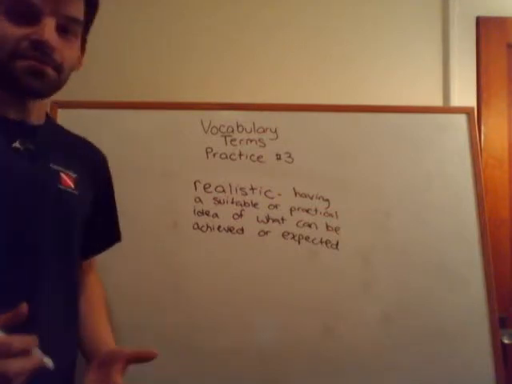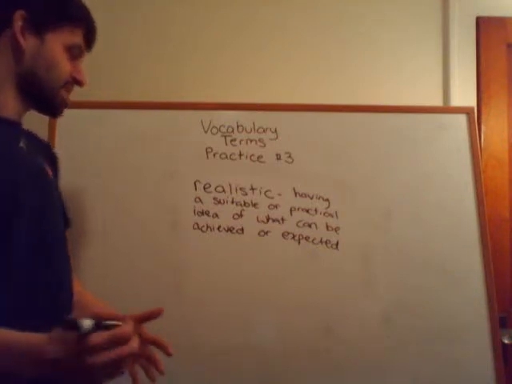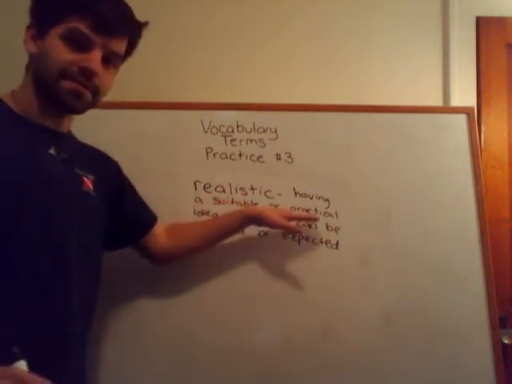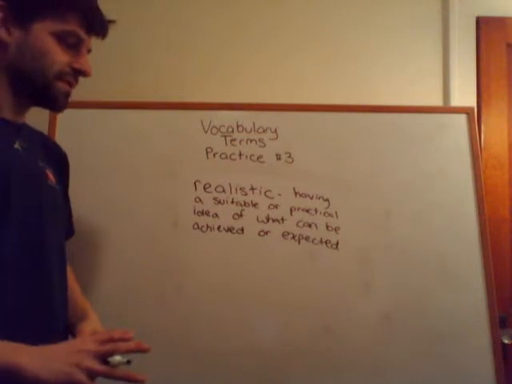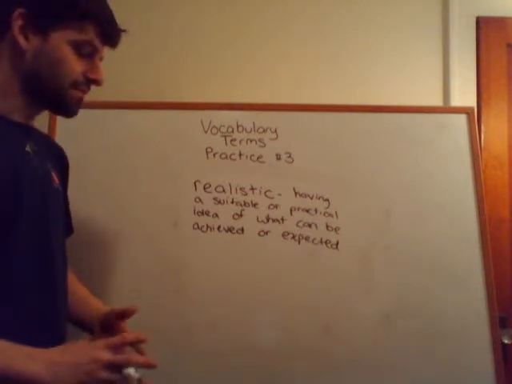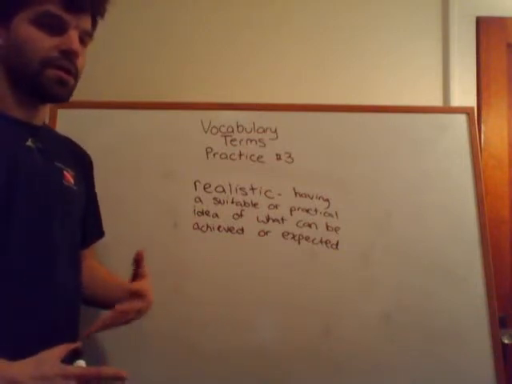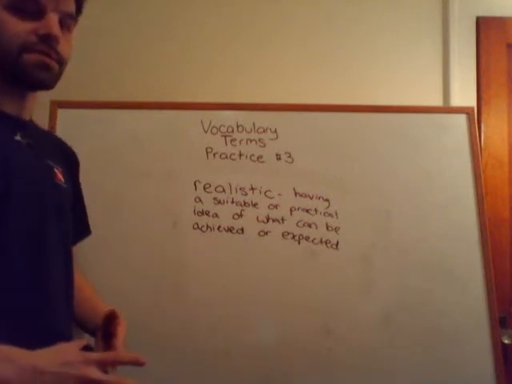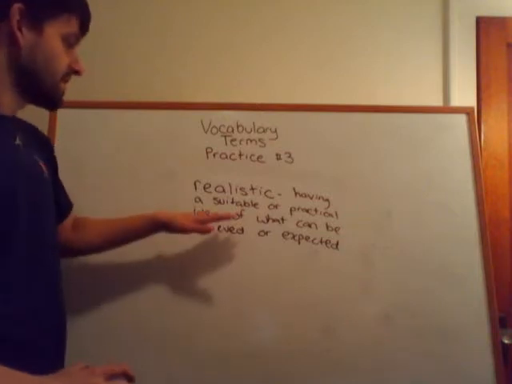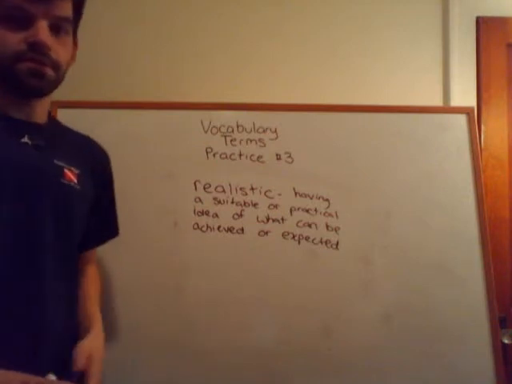Now, I'm not against anybody's future aspirations or anything like that, but if you do think about it, becoming a tree is kind of a little unrealistic. It's not very practical, but again, I'm not against anyone's future aspirations or goals at all, so I don't mean to take that idea as any kind of making fun of it. I'm just using it as an example of how it is a little unrealistic, as it doesn't have a suitable or practical idea of something that can be expected or achieved.